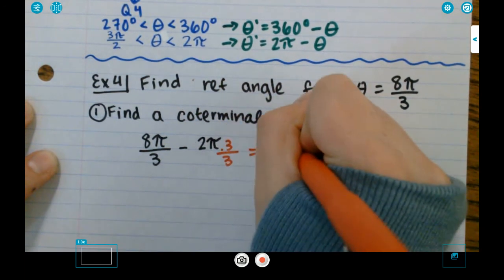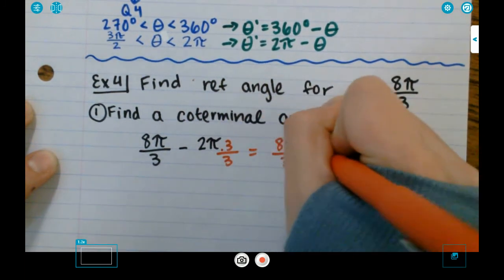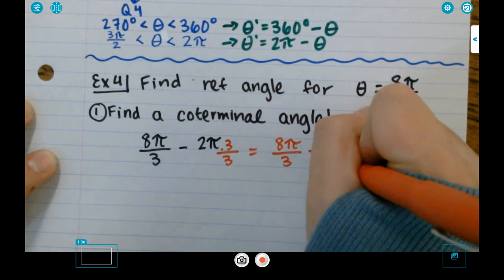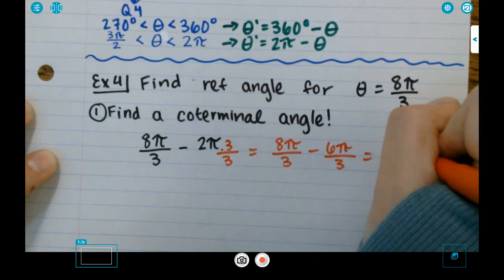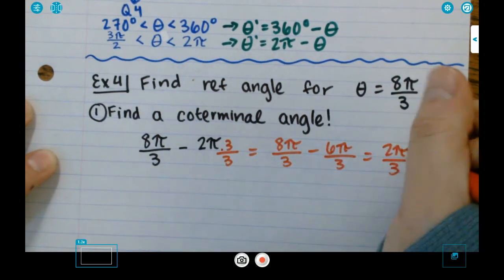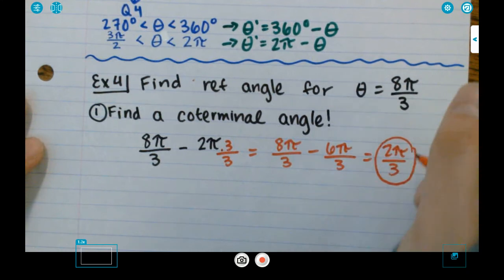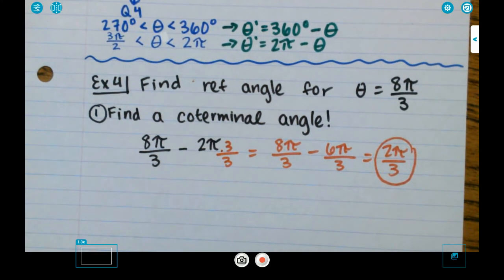That would be 8 pi over 3 minus 6 pi over 3, which would be 2 pi over 3. Okay, so that's what we did in 5.1 B or C, finding a coterminal angle. Any questions about finding the coterminal angle?